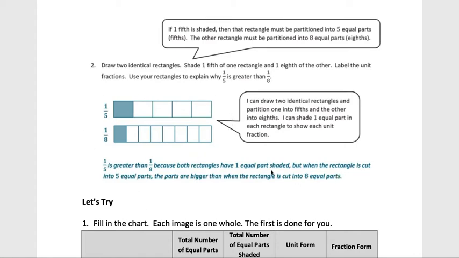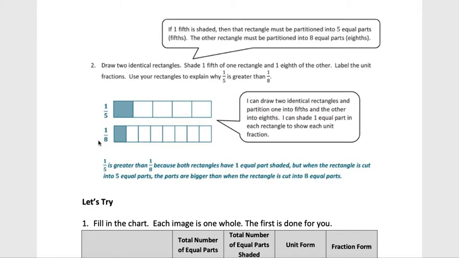Now read this explanation. So you know how we used to do RICE, and the E means explain. This is where you would explain your thinking. So 1/5 is greater than 1/8 because both rectangles have 1 equal part shaded. But when the rectangle is cut into 5 equal parts, the parts are bigger than when the rectangle is cut into 8 equal parts.